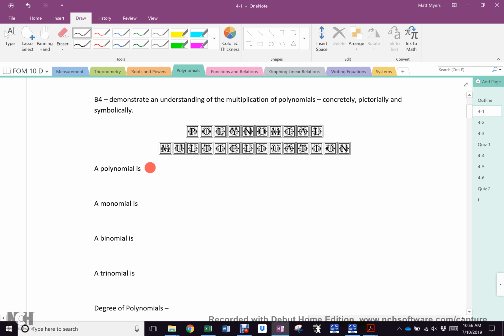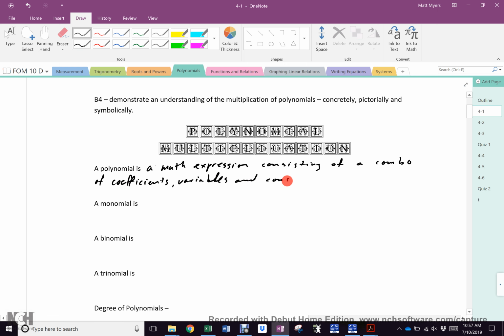Polynomial is a math expression consisting of a combination of coefficients, variables and constants.